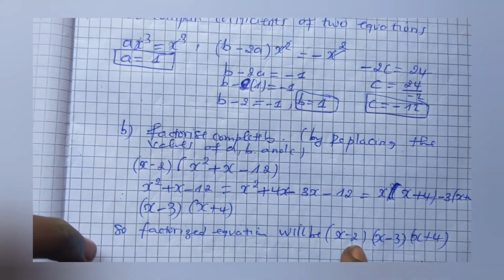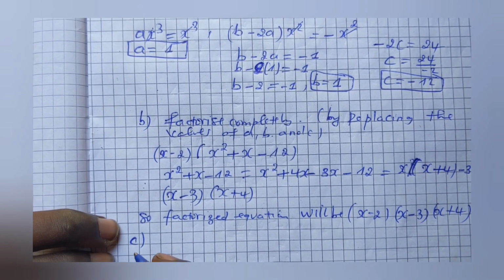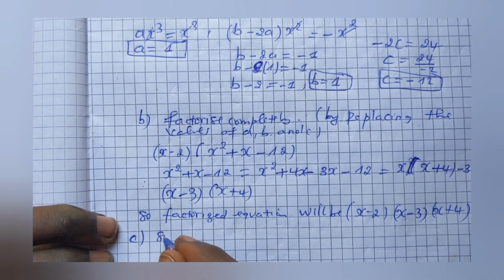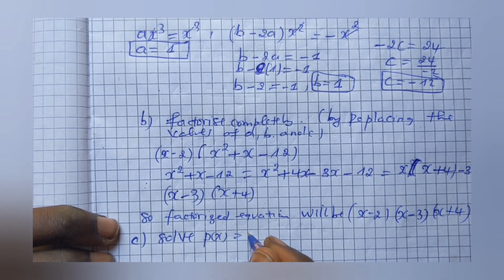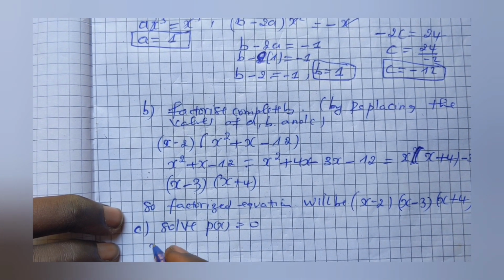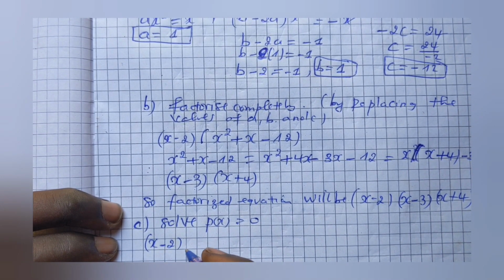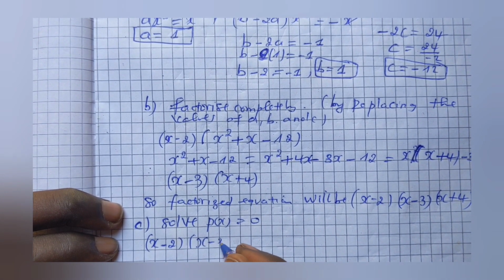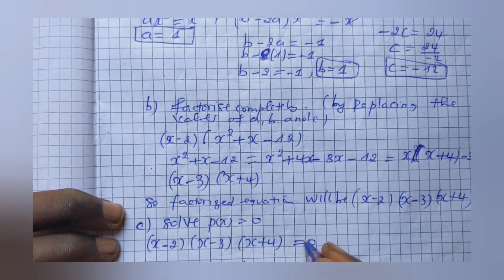Let's jump to the last sub-question of 17, which is c, to solve P(x) equals 0. P(x) is the equation that we have: (x minus 2)(x minus 3)(x plus 4) equals 0.